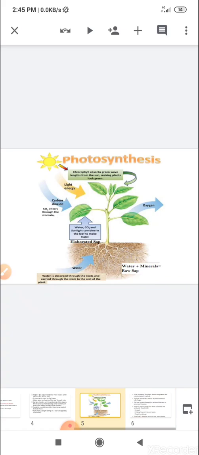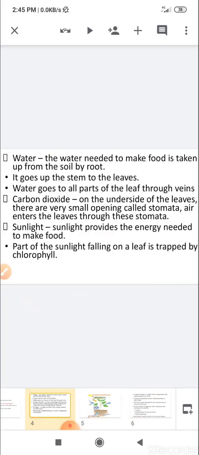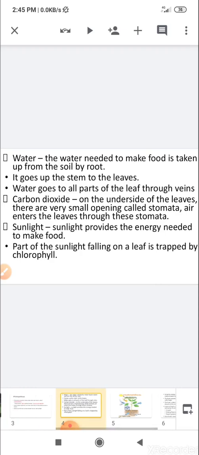So children, what things are needed for photosynthesis? Very good. Chlorophyll, water, carbon dioxide and sunlight are needed for photosynthesis.